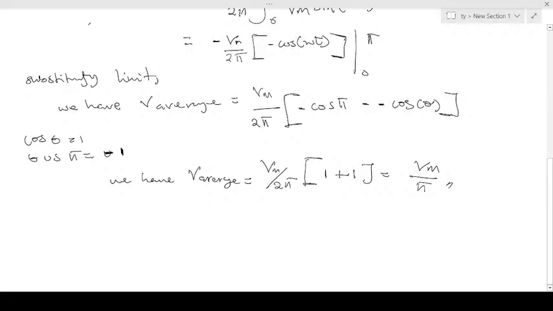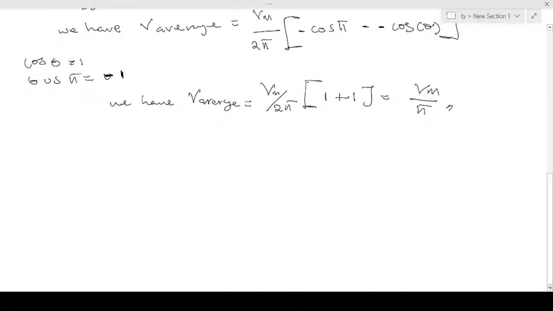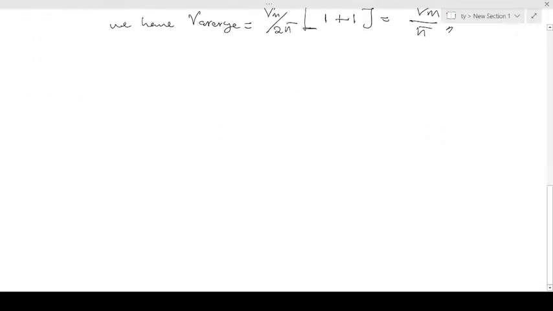If we do the same thing for I average, we also attain Im over pi, where I average is the average current passing through the load resistance.